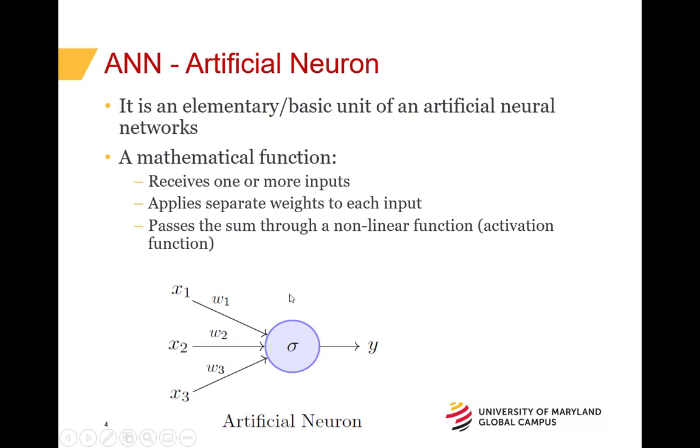And in subsequent slides, we'll cover perceptron and sigmoid, which are two types of activation function. But effectively, what a neuron does is it takes input, applies different weights to those inputs, takes a linear combination of those, and then transfers it through an activation function. So that is what a neuron does.